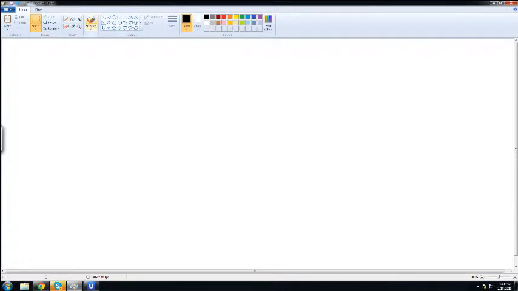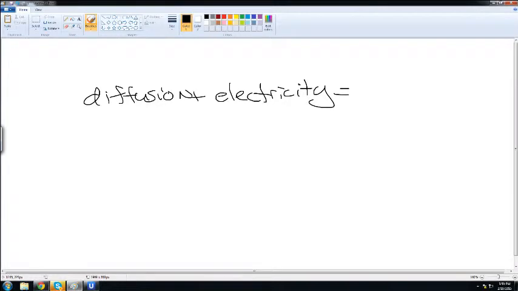So all that's perfectly fine, but basically what I'd like you all to know is that diffusion plus electricity equals the equilibrium potential. I'll just call it equilibrium potential, EQP.